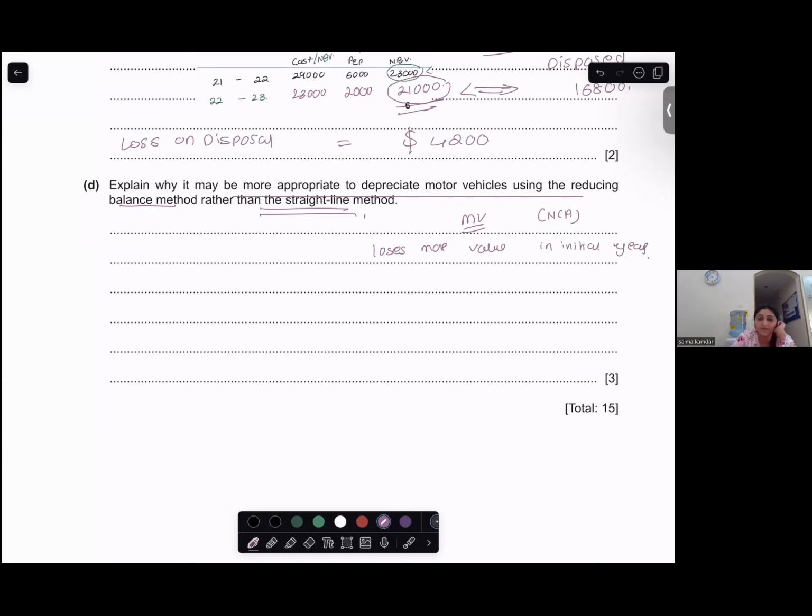What happens in the reducing balance method? The asset is depreciated more in the earlier years and less in the later years. And it requires less repairs and maintenance in earlier years.